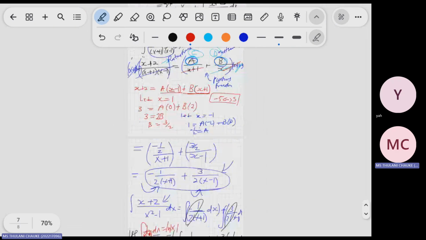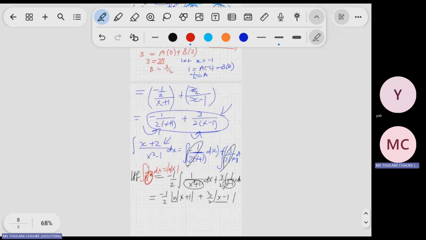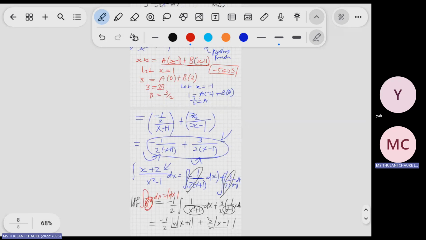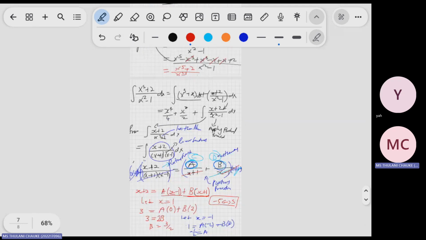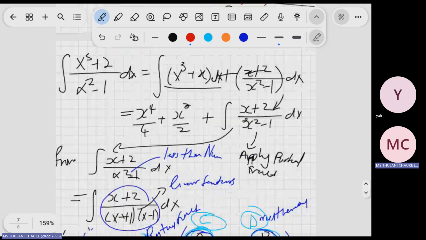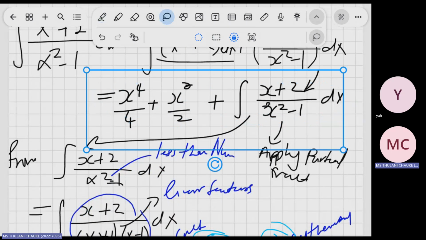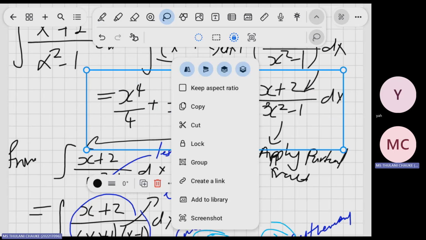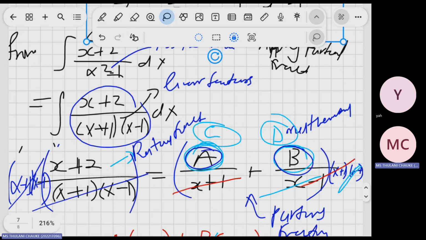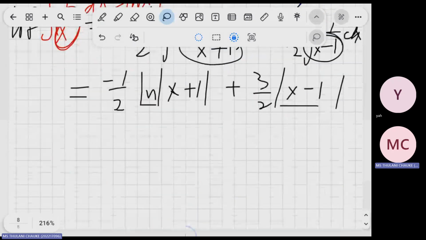So I'll just write my answer. Let me just copy this and paste it here.